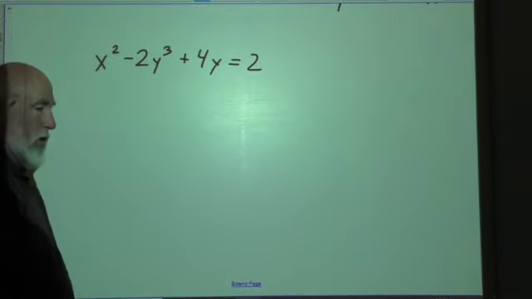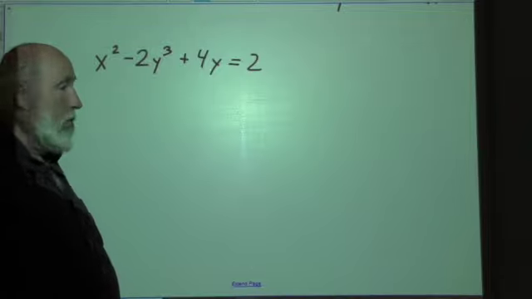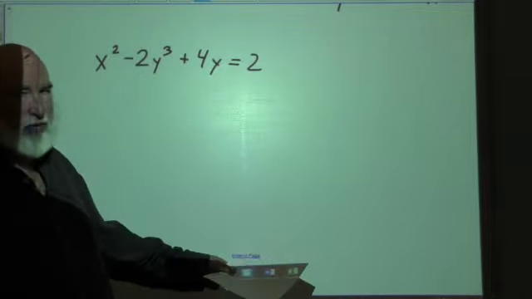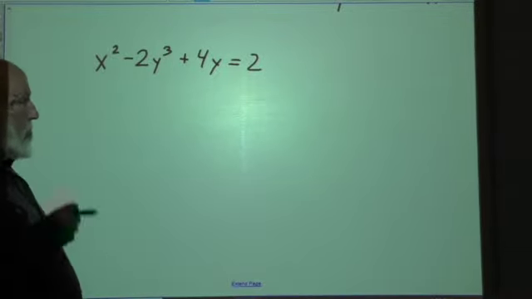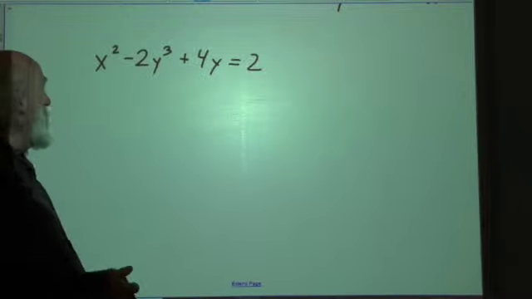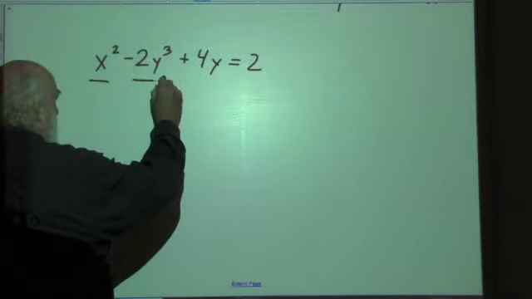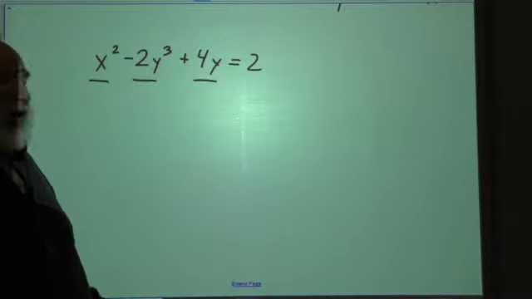It would be very difficult to write this explicitly, where y equals some combination of x's, because we have two different exponents of y here. So we're just going to derive it part by part, just like we would under normal conditions with just all x's.